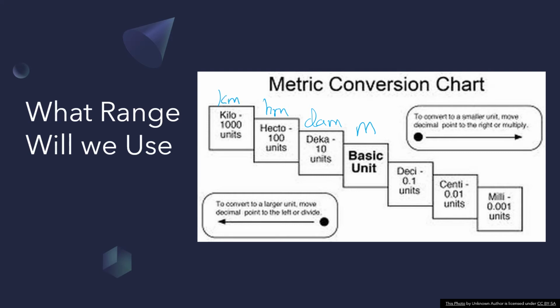Going the other way, now deci is a unit that actually gets used some more than deca, so it gets the D designation for deci. So 1/10th of a meter is a decimeter. Centimeters are 1/100th of a meter. That's why in a meter stick, there's 100 centimeters in 1 meter stick.